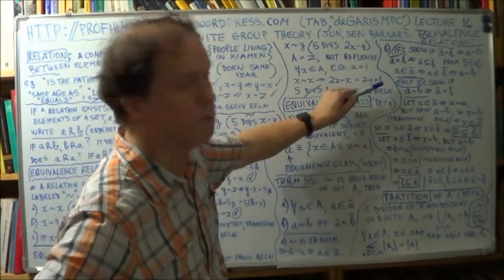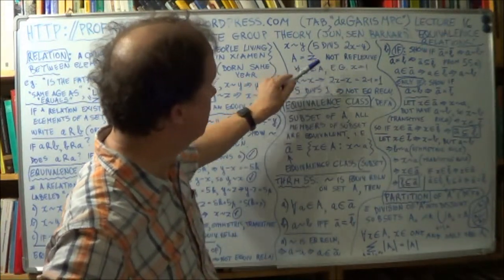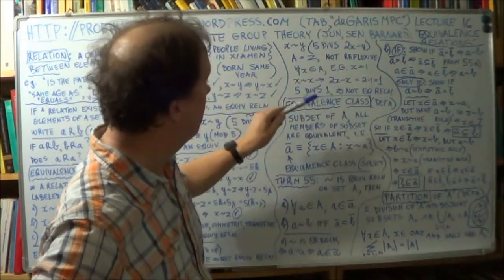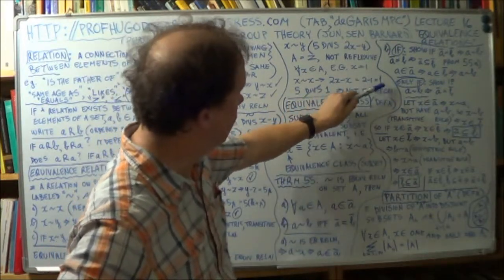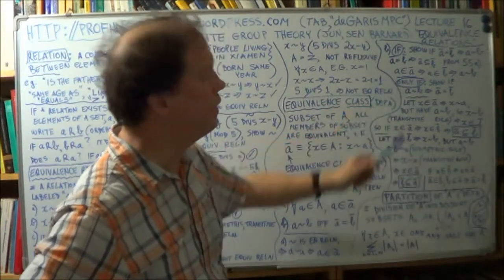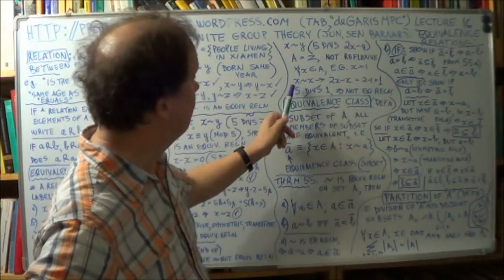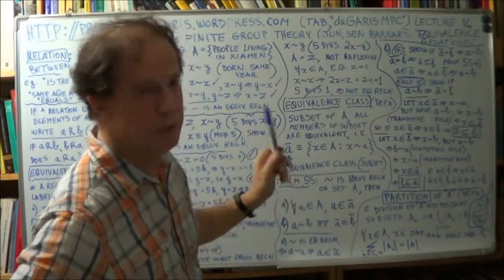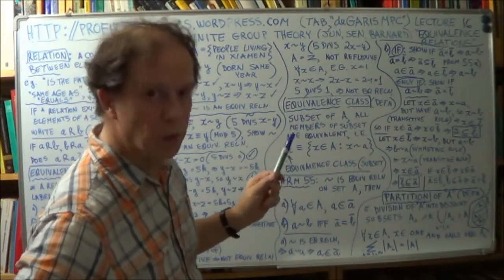It has to be true for all members of your set A, in other words, set Z. So let's take the number 1 from this set, and 2x minus x is just 1. Now, does 5 divide 1? No, it doesn't. Therefore, the reflexive property for this relation fails, and therefore this relation is not an equivalence relation.